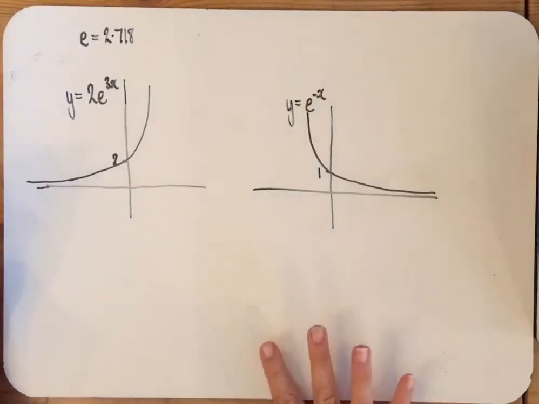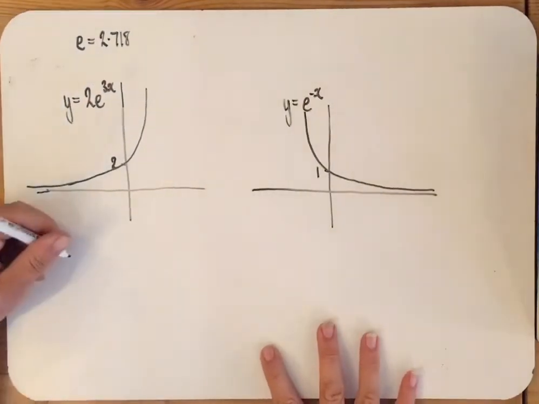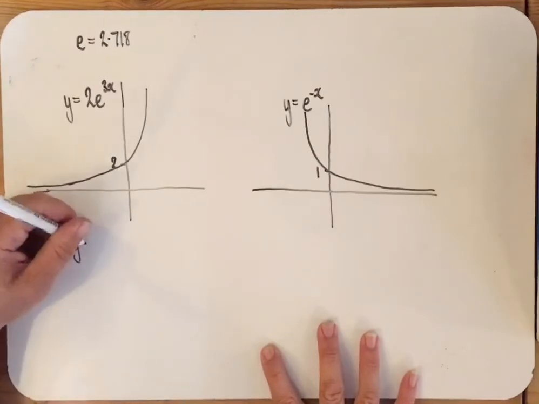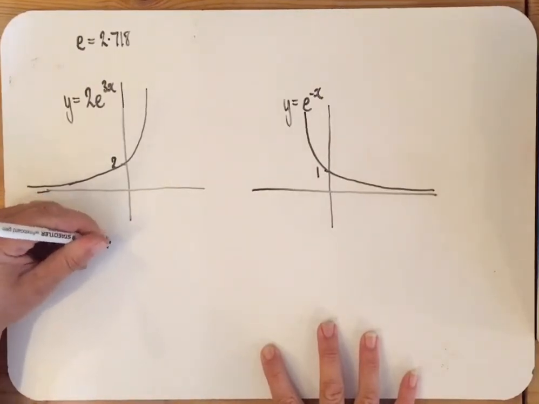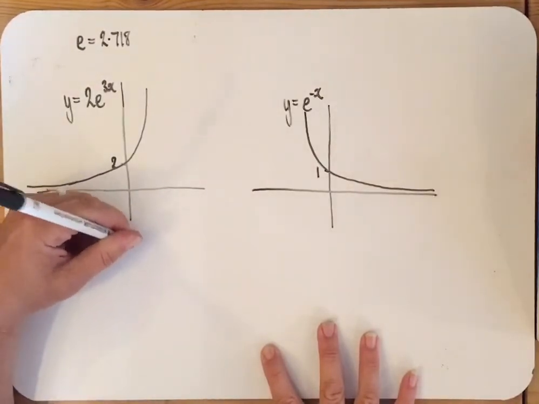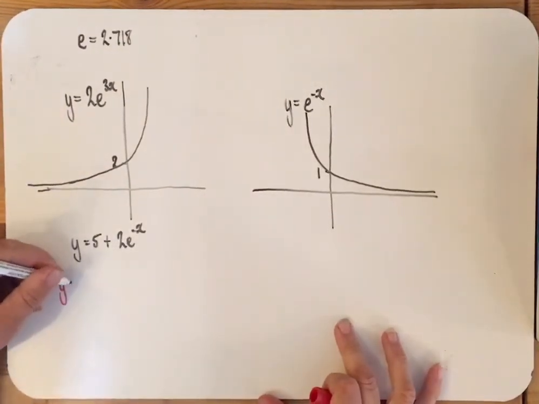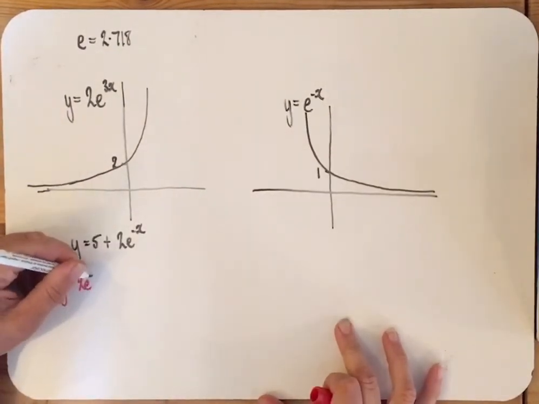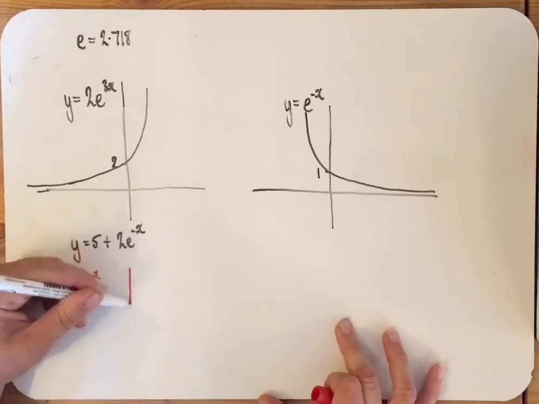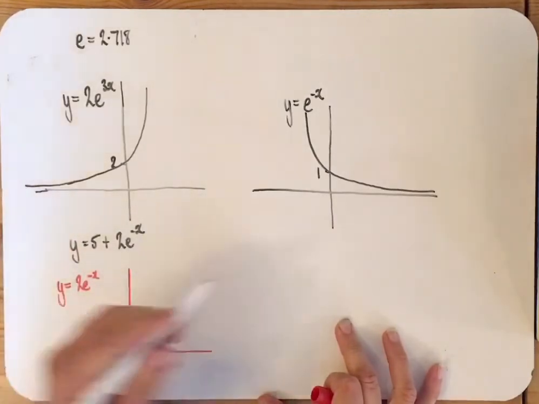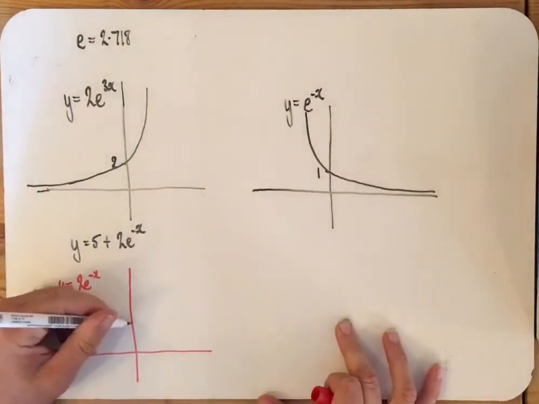And then combining all of that together, if you've got something like y equals 5 plus 2e to the minus x. So a bit like you did with the modulus function, you can build these up if it helps. So you could start with 2e to the minus x. So that's a stretch of this one by scale factor 2.